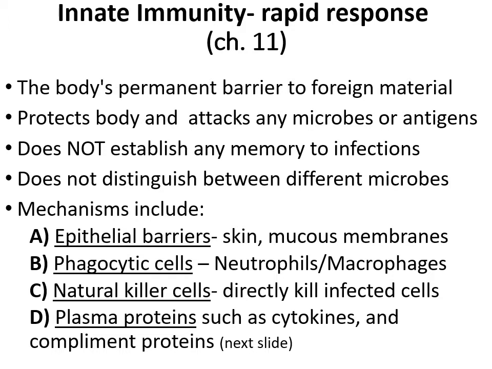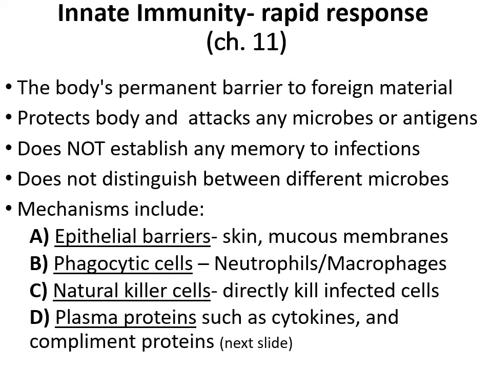The phagocytic cells we spoke about, the neutrophils and macrophages, are going to try and destroy the foreign invaders. There's also natural killer cells. We're not going to spend too much time talking about them, but they can directly kill infected cells. And all of the plasma proteins that occur are released by the liver and by some of the neutrophils and macrophages.